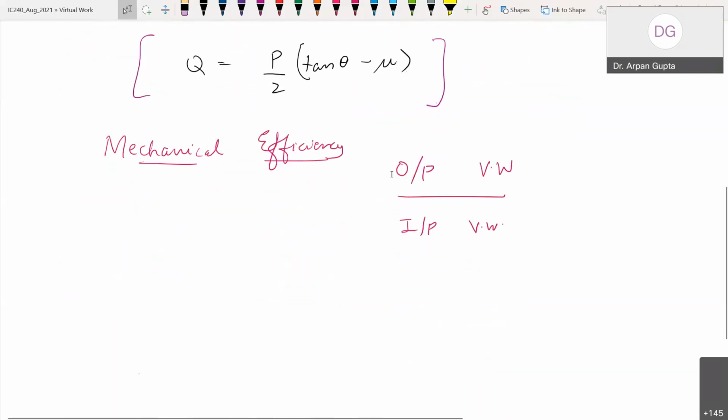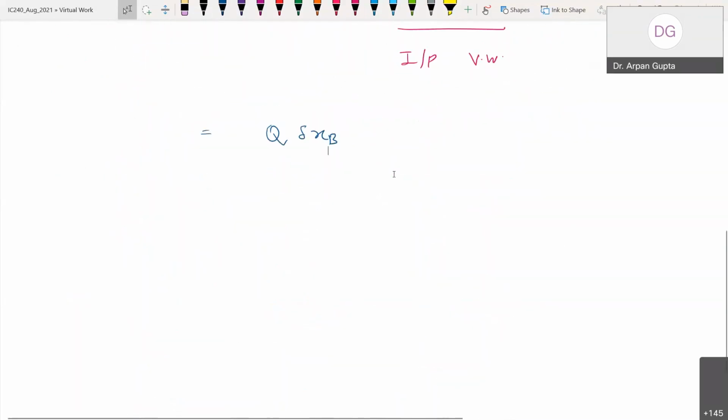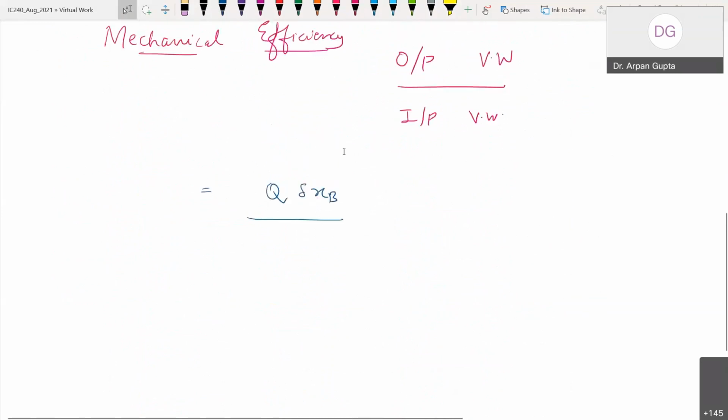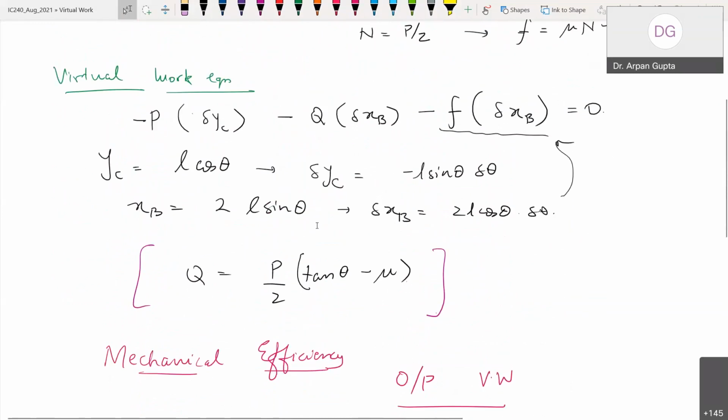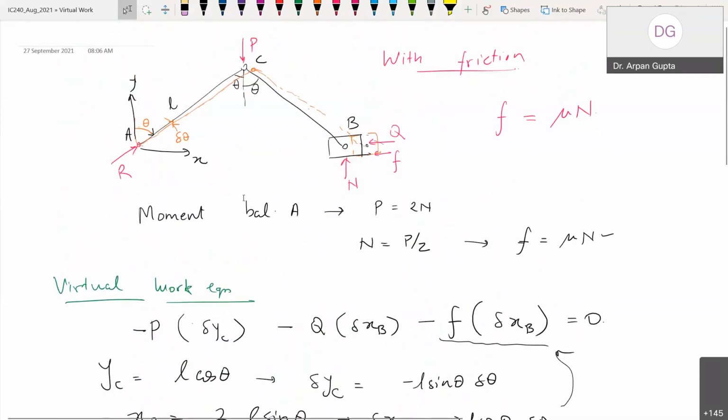So in the present example, if I want to calculate the efficiency, I can say this as Q times delta XB. Yes, Q times delta XB was the output virtual work, and the input is P times delta YC.